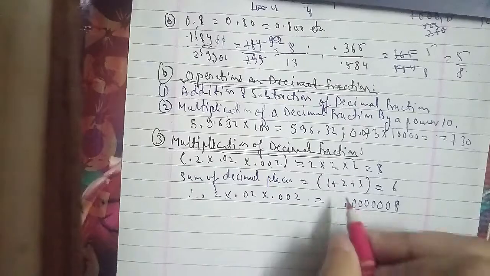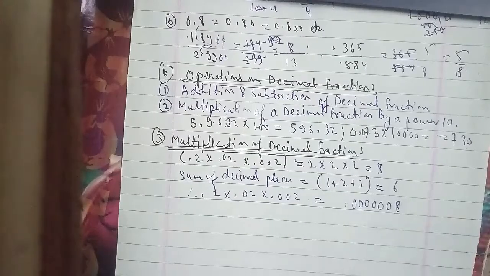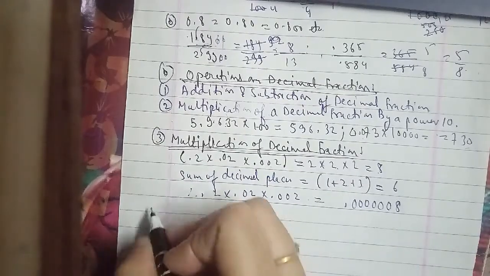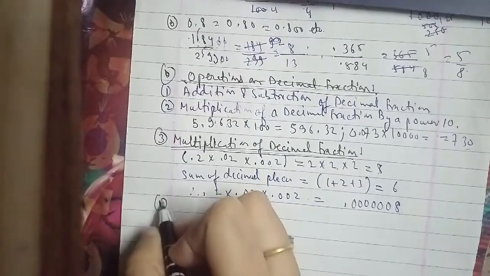We'll go ahead to the fourth operation on decimal fractions, which is dividing a decimal fraction by a counting number.